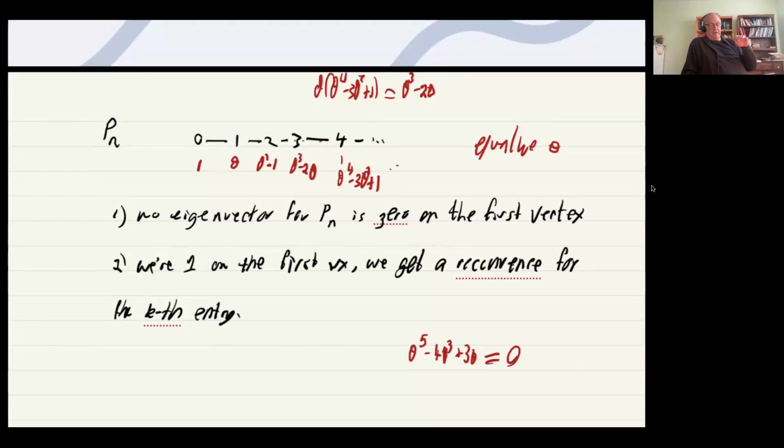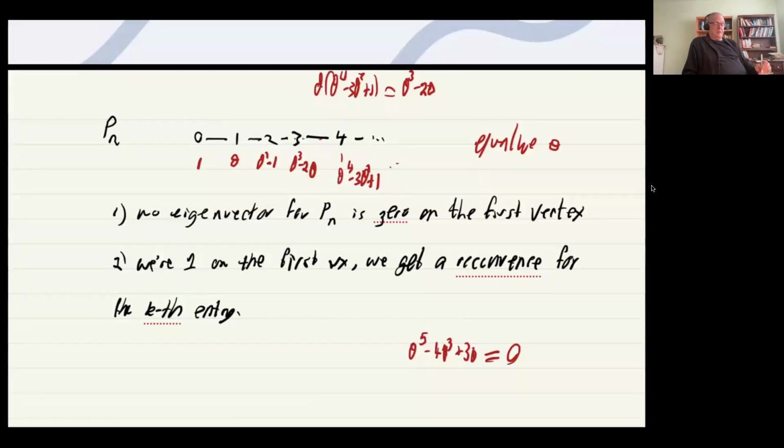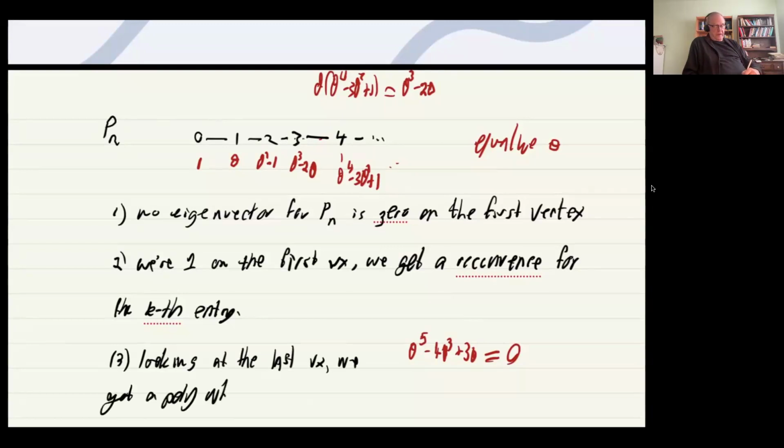So by looking at what happens at the right-hand end, from looking at the last, we get a polynomial which has theta as a 0.